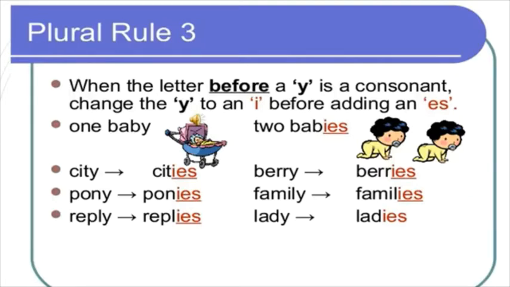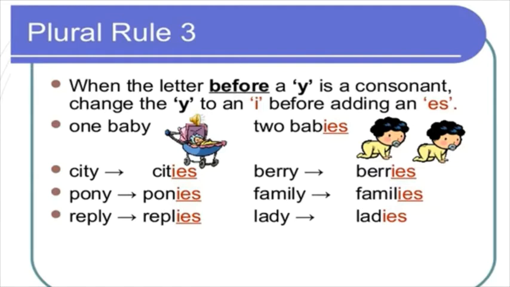ies. Look at the first example, one baby. So the noun is baby and the last letter is y and there is a consonant letter before y. So now we want to pluralize it.